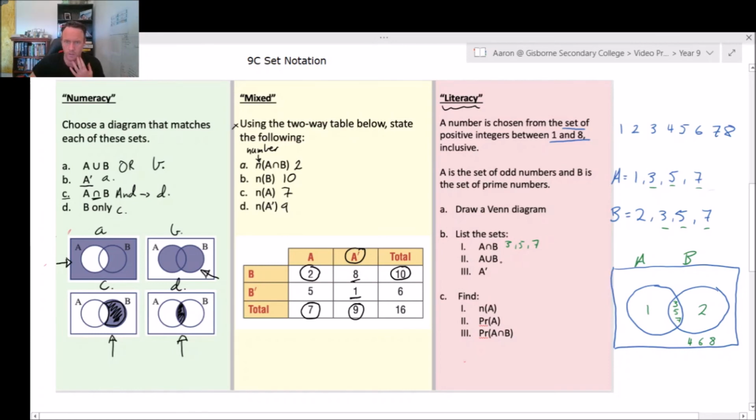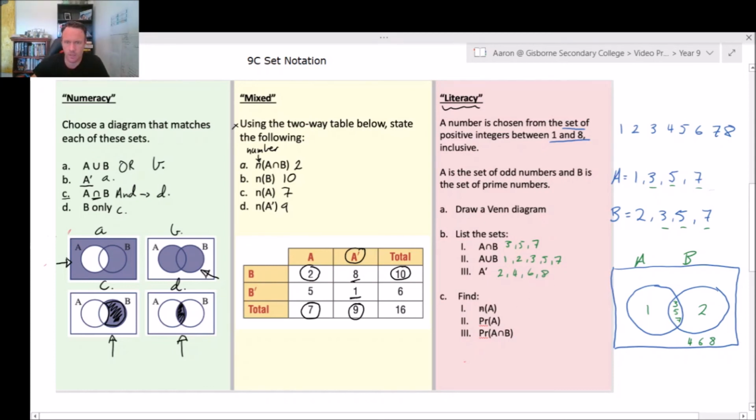The union would be 1, 2, 3, 5, and 7, everything that's in A or B. And lastly, everything that's not in A is 2, 4, 6, and 8. That's all our even numbers.